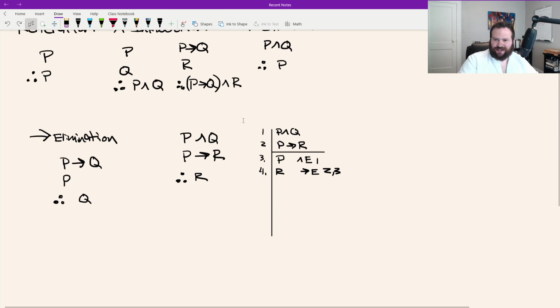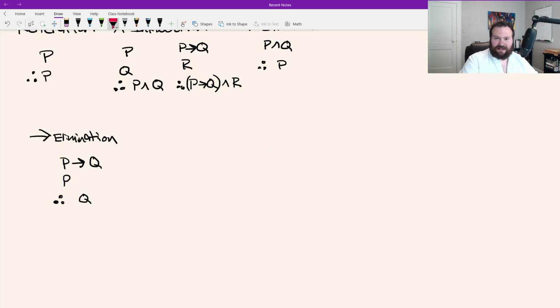Conditional introduction is its own kind of beast, okay? It's going to require that we make assumptions. So conditional introduction basically tells us that if you can assume something and derive a result from it, you are entitled to establishing a conditional relationship between those two things.